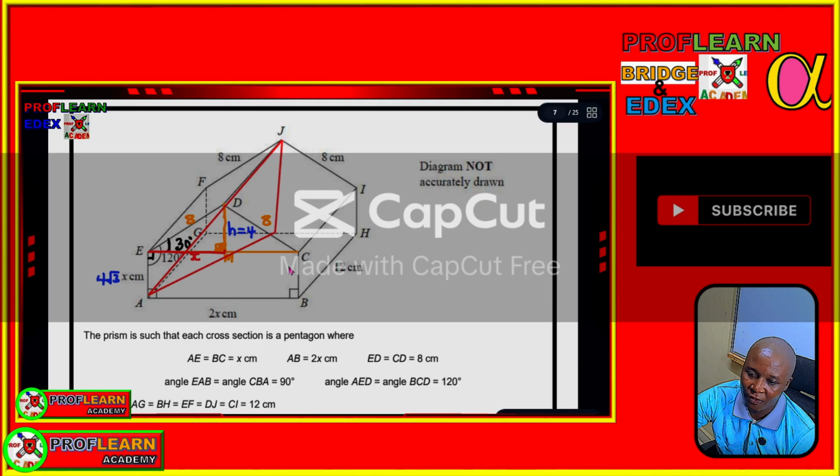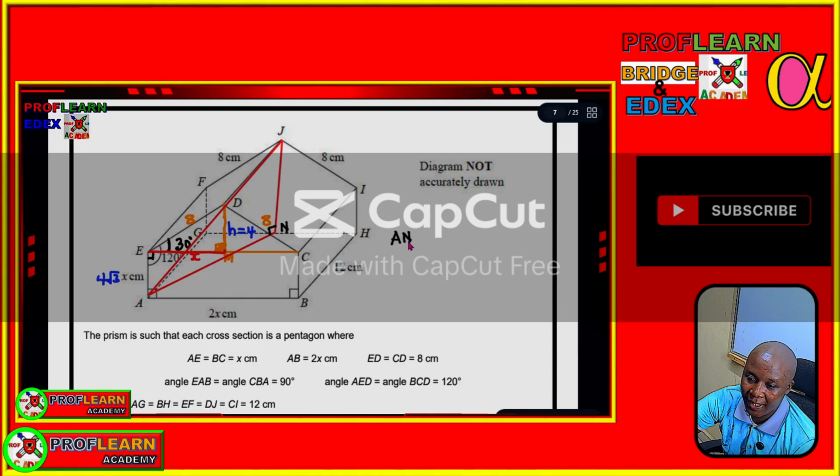So I will have a right angle triangle here, and from here I can call that point N, isn't it? So that we have a triangle ANJ, but from A to N we can use Pythagoras theorem to find that.